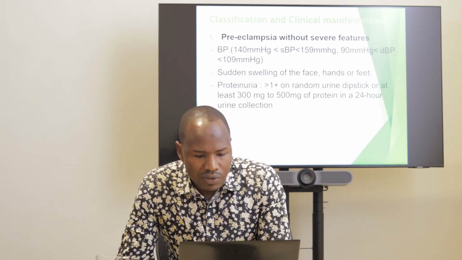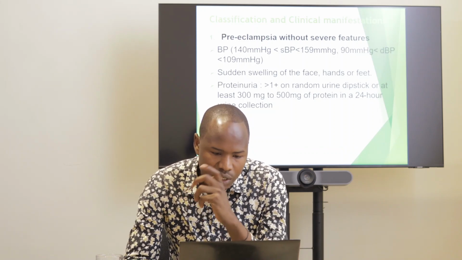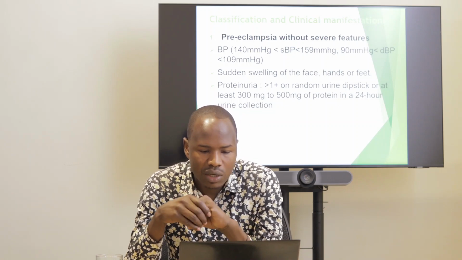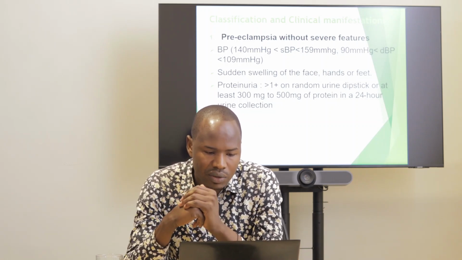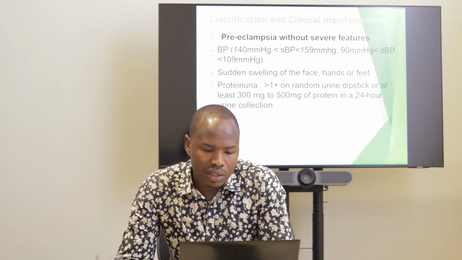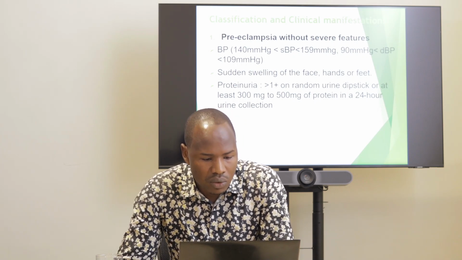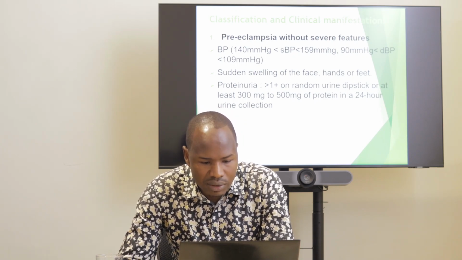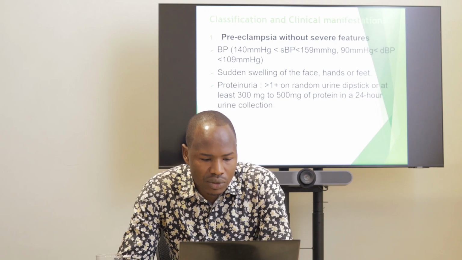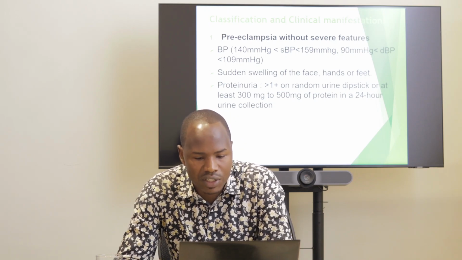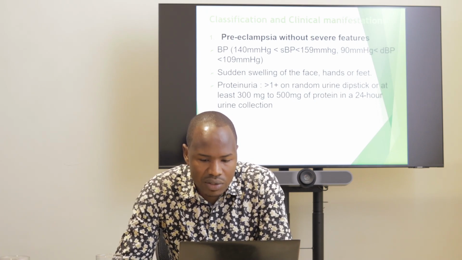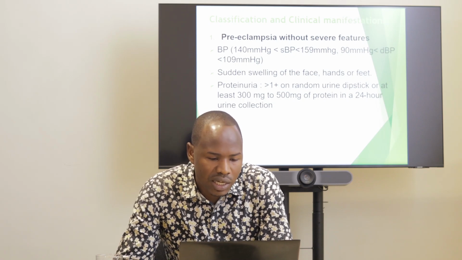We are also going through the classification and clinical manifestations of preeclampsia. Preeclampsia without severe features is classified by taking blood pressure, where systolic blood pressure is from 140 millimeters of mercury to 159 millimeters of mercury, and diastolic blood pressure is 90 millimeters of mercury to 109 millimeters of mercury.